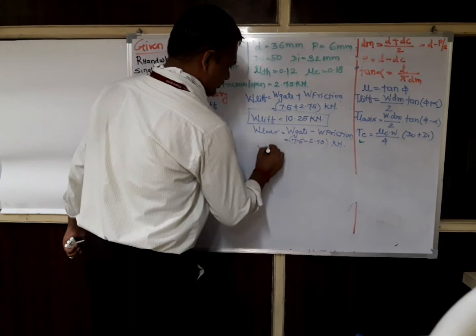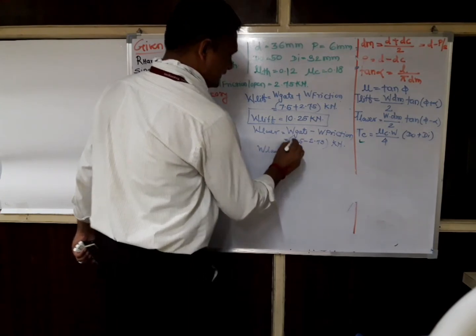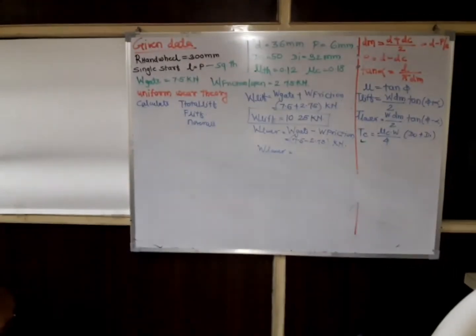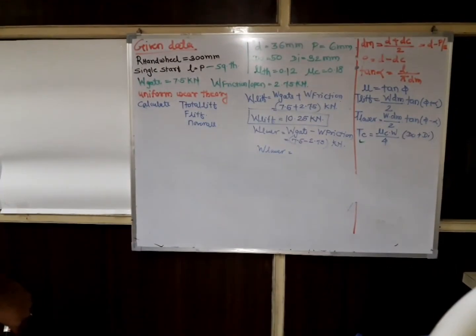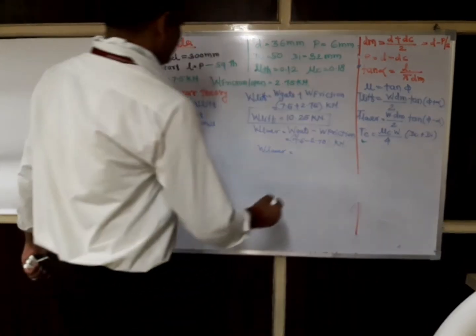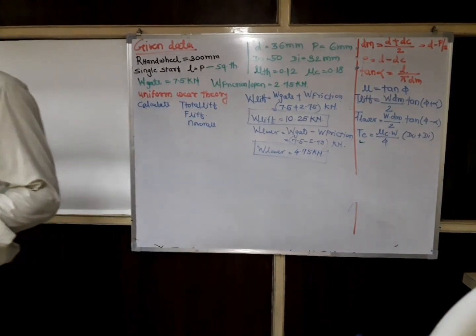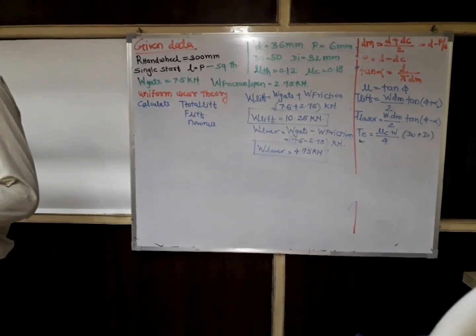Calculating by using a calculator, W for lower will be equal to 4.75 kilonewton.